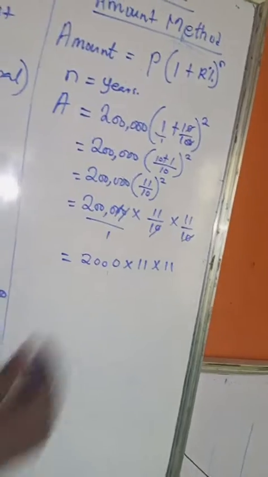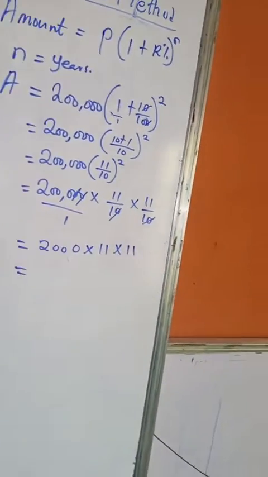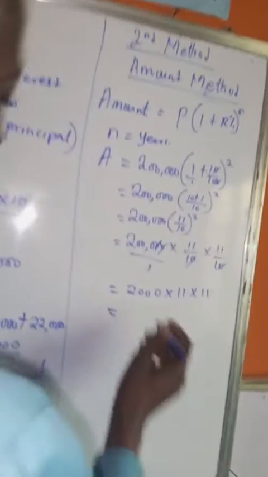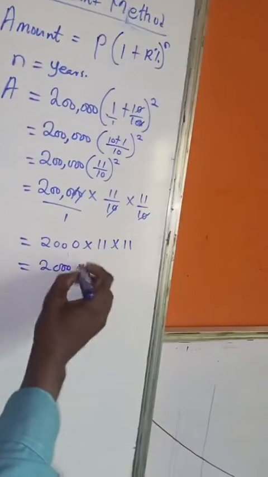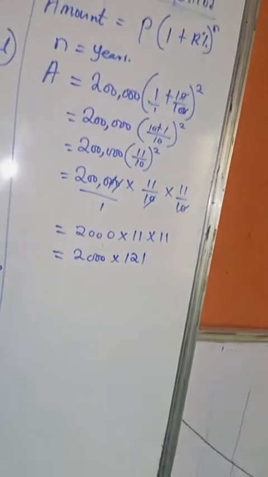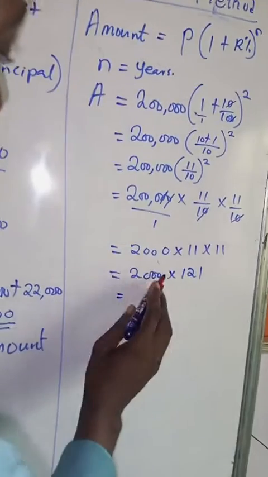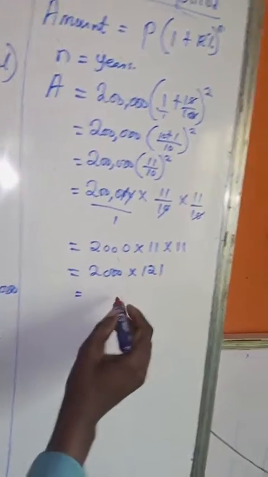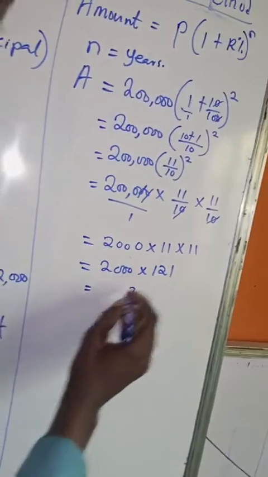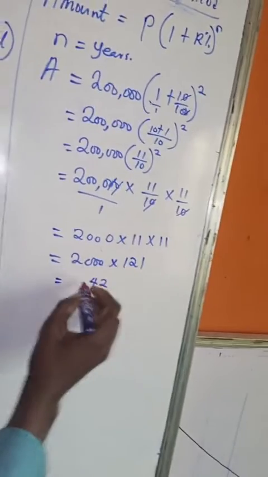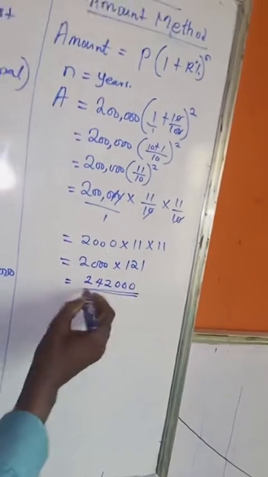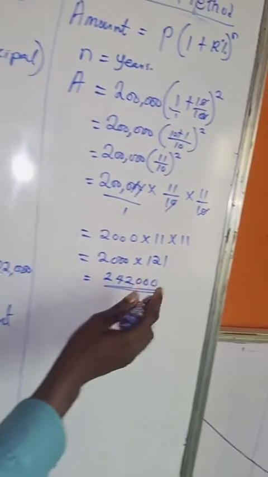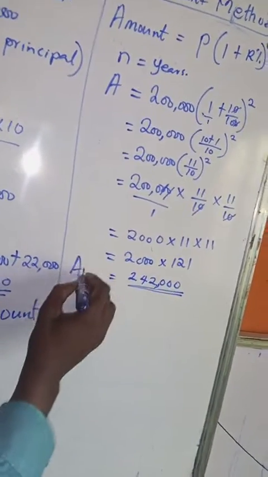All this one has become 1. And 11 times 11 is 121. So 2,000 times 121. 121 times 2 is 242, then the 000. So 242,000. So this is the amount.